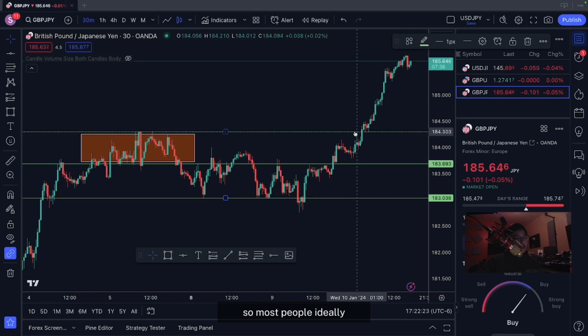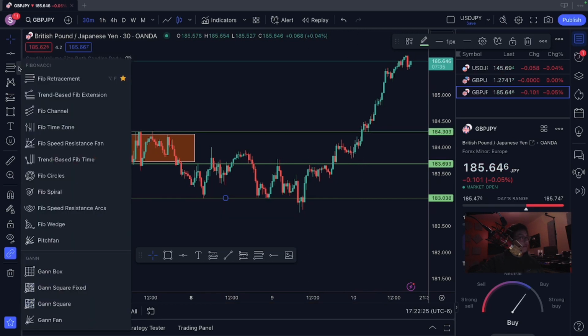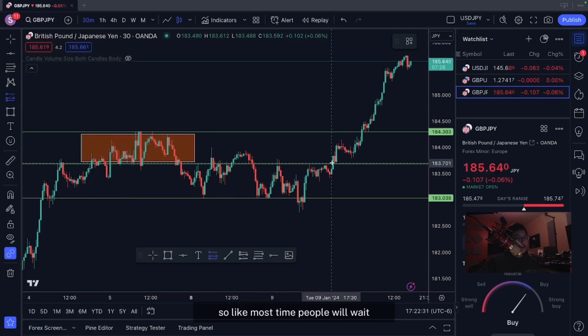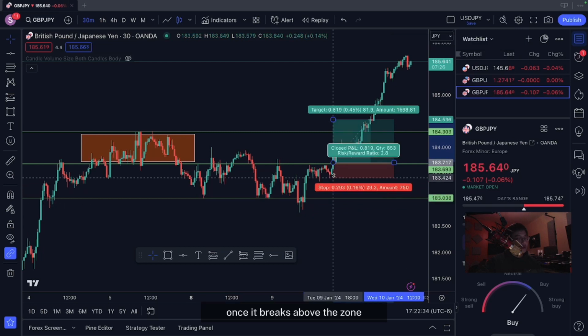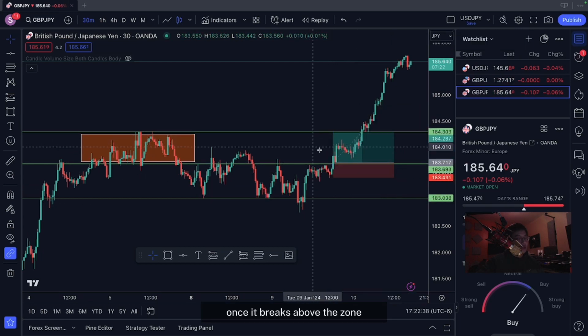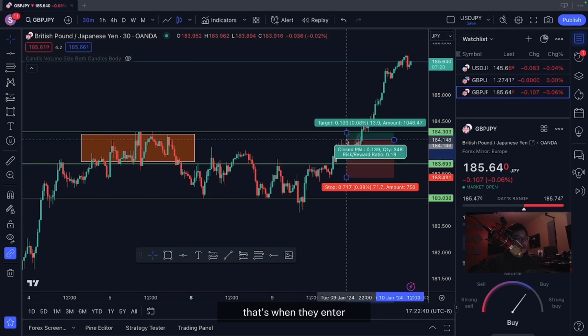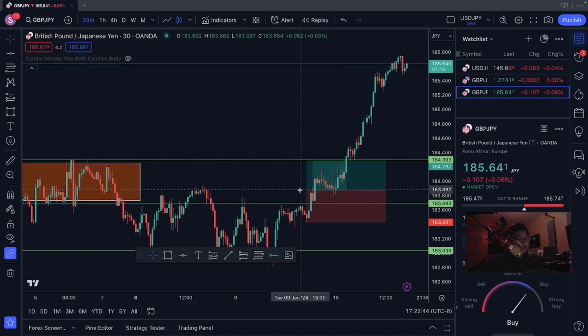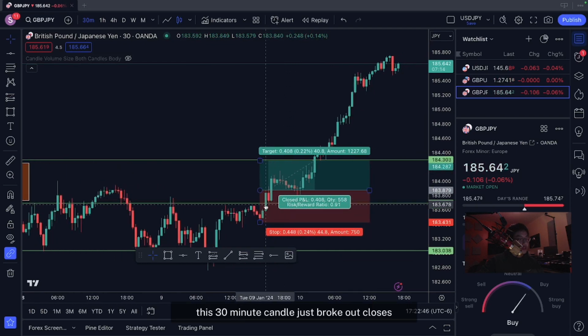So most people ideally, so let me get my long position. Most of the time people will wait once it breaks above the zone. Once it breaks above the zone, that's when they enter. Like the 30-minute candle, as you can see, this 30-minute candle just broke out, closes.